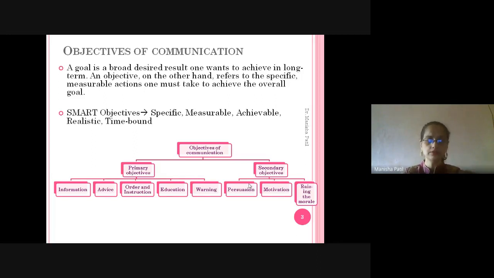Please note down these primary objectives and secondary objectives. I repeat, primary objectives: information, advice, order and instruction, education, and warning.